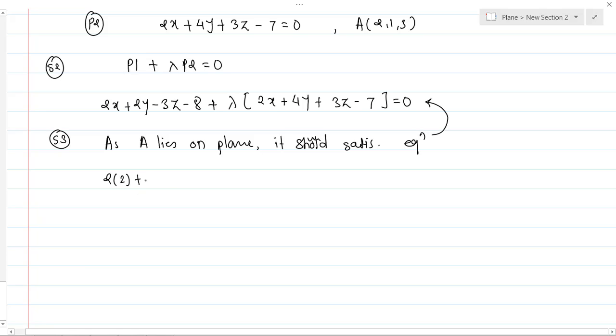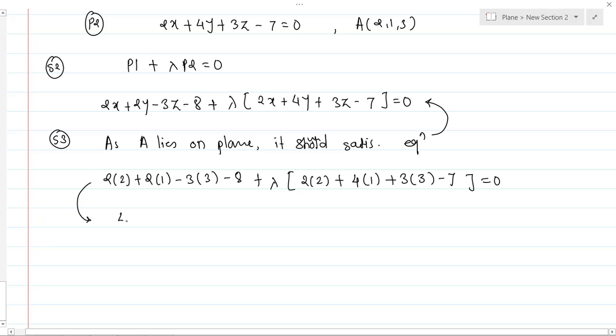So 2 into 2 plus 2 into 1 minus 3 into 3 minus 8 plus lambda into bracket 2 into 2 plus 4 into 1 plus 3 into 3 minus 7 equals 0. Okay, let's simplify this. So 2 twos are 4 plus 2 minus 3 threes are 9 minus 8 plus lambda into bracket, 2 twos are 4 plus 4 into 1 is 4 plus 9 minus 7 equals 0.